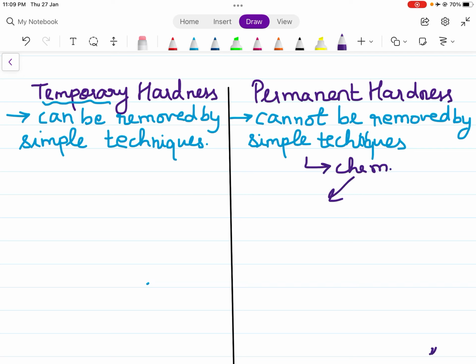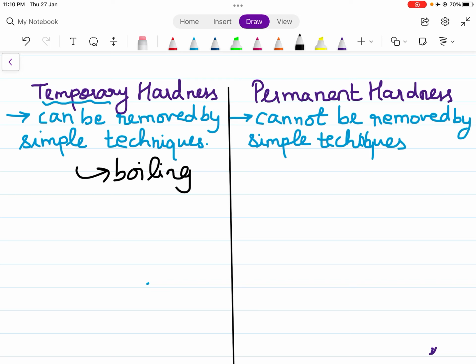We were talking about the ion exchange process and the zeolite process. All these take place in the industry at a large scale. For temporary hardness, we just require mere boiling. So isn't it a simple technique compared to the zeolite process and ion exchange process? Obviously, boiling is simple. So permanent hardness cannot be removed by boiling, whereas temporary can be.